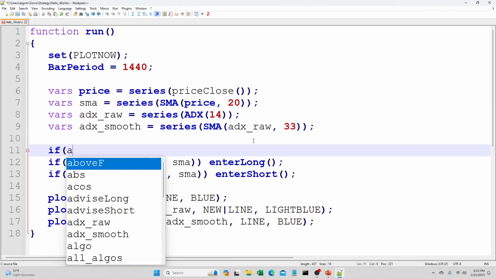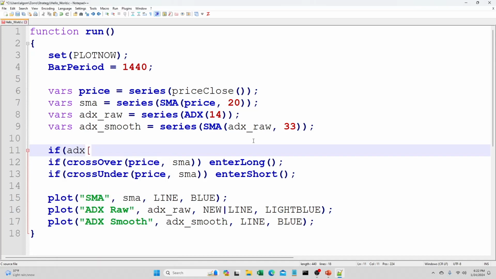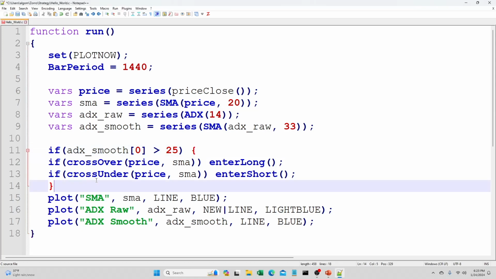If ADX index is 0, which means ADX of today, remember ADX raw and smooth are time series, okay? So the ADX smooth of today, index 0, is greater than 25, right? So if this condition is true, then curly brace, the trading logic here.